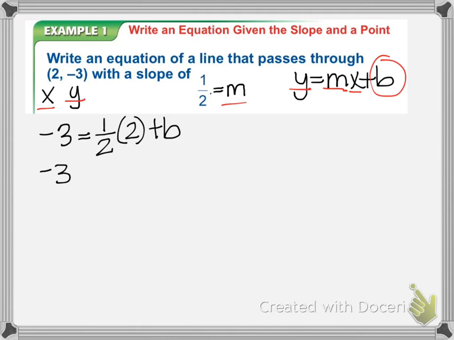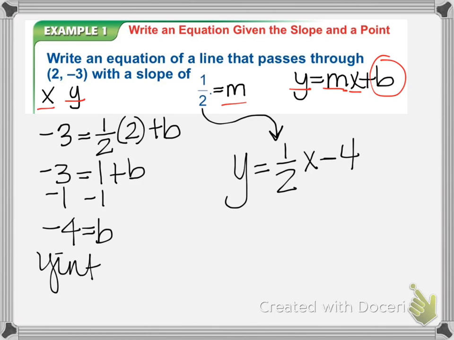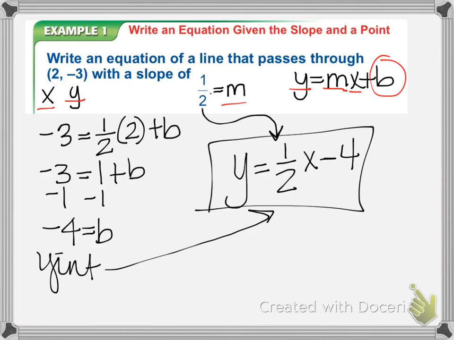So you've got -3 = half of 2, which is 1, + b, and you subtract 1 on both sides, so you get -4 = b. So that is your y-intercept. Now, to put it back into an equation of a line, you have y = m, which is your slope, that comes from here, times x, and then you tack on your y-intercept. That's all you have to do to write the equation of the line.